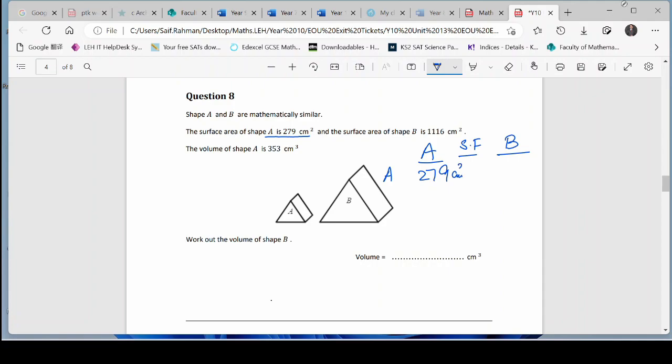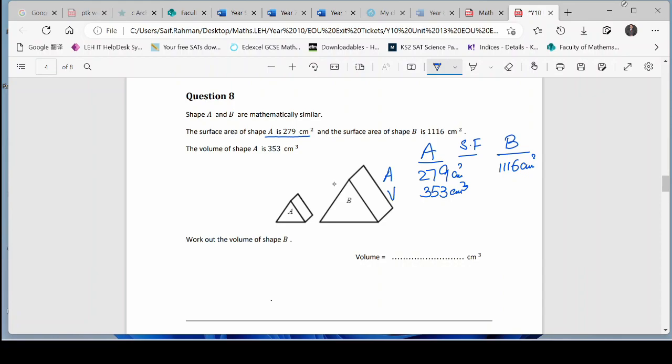The surface area of B is 116 centimeters square. Now, the volume of A is already given, 353 centimeters cube, and volume is always cube.